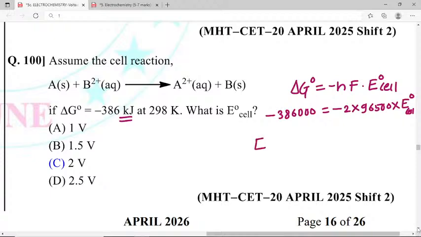So E naught cell is equal to 386,000 divided by 2 multiplied by 96500. If you calculate this, it is 4 by 2, which is equal to 2. So 2 volt is your answer.